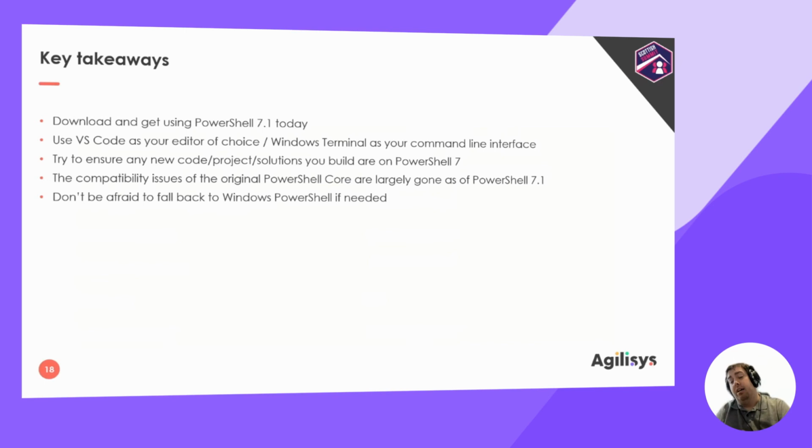This is another important point. I don't think you necessarily need to go back and change all the code that you've written previously. For me, I would draw a line in the sand and start working to ensure any new code project or solution I'm building, I'm looking to build on PowerShell Core or PowerShell 7 and make that transition over time.